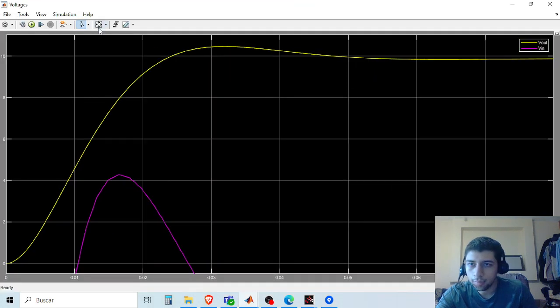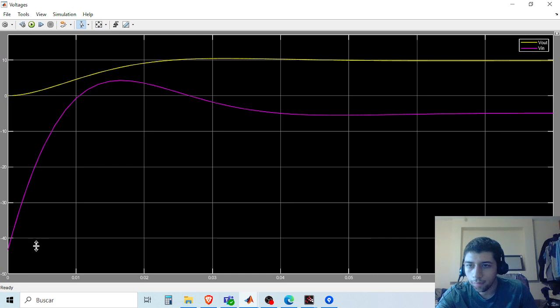So let me fit in the screen the performance of each value. So as I said before, the yellow one would be our output voltage system, which is the X1, and the pink one would be our input, or U, in the state space model.